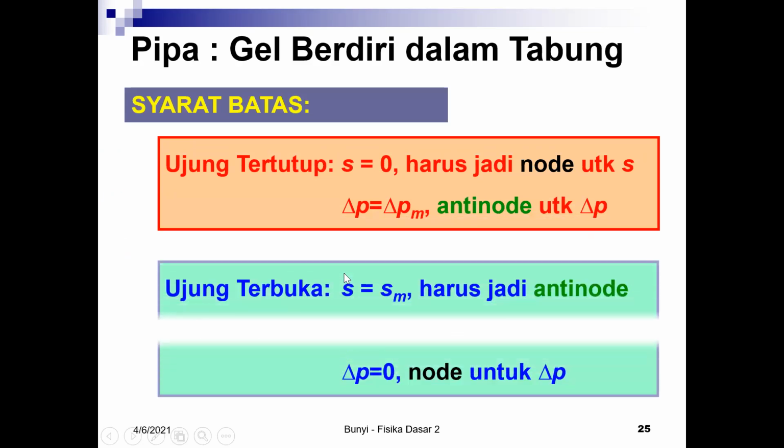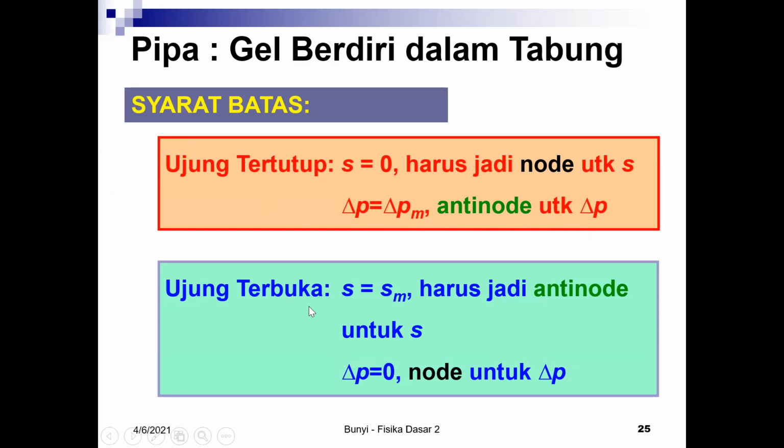This is about standing waves on pipes, for example. For a fixed end, s equals 0, so it is a node for s, but delta p here is the maximum, so it is an antinode for delta p.